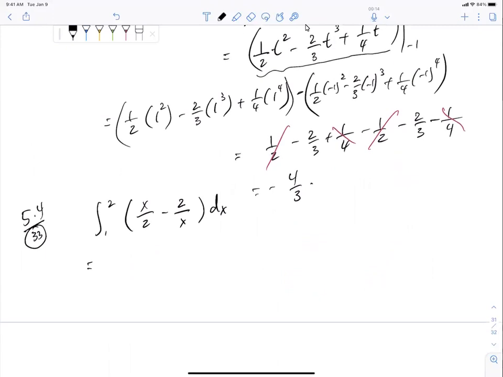So the antiderivative of x over 2 is 1/2 times the antiderivative of x, which is 1/2 x squared. And the antiderivative of 2 over x is 2 natural log of x.